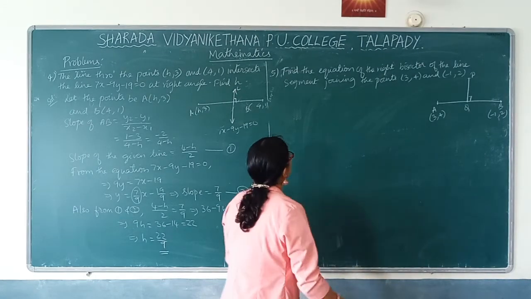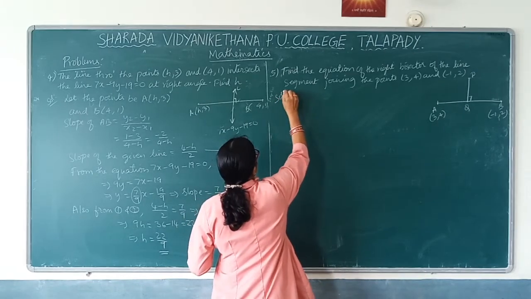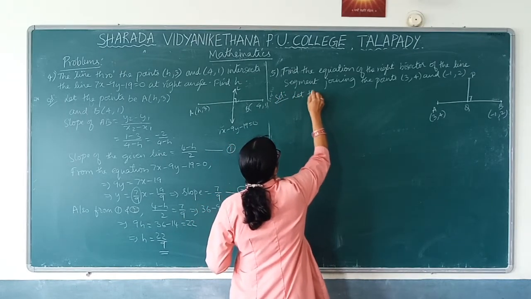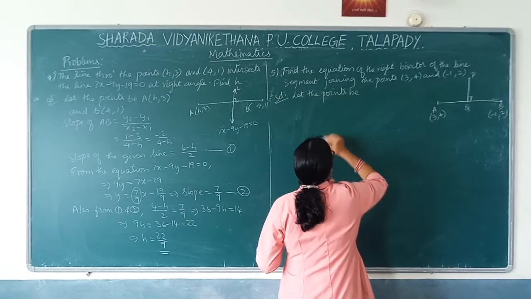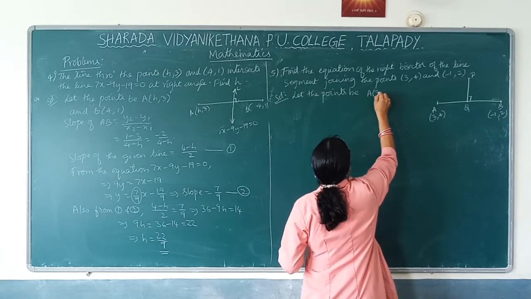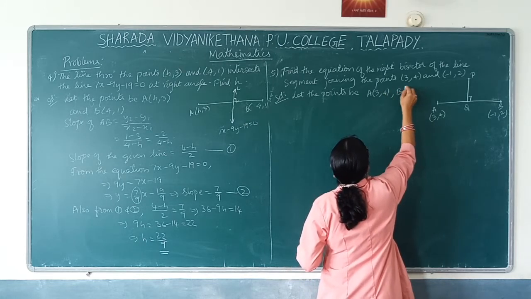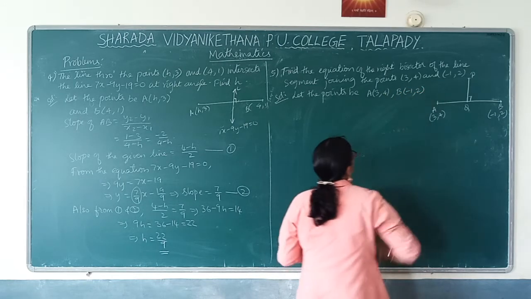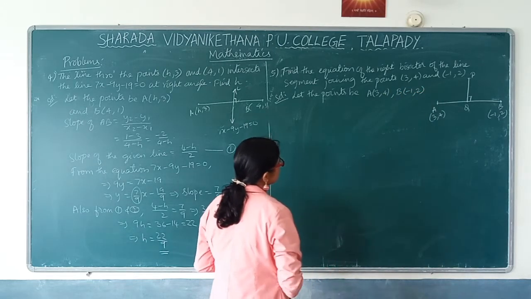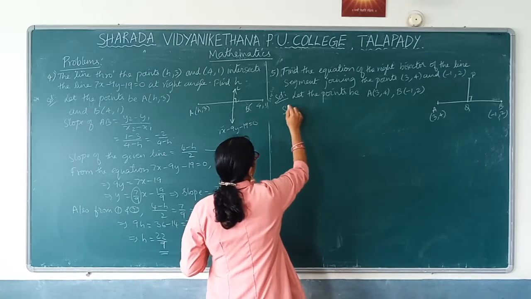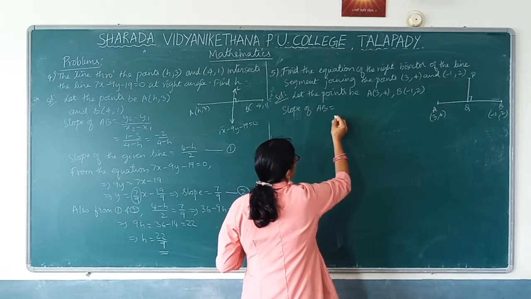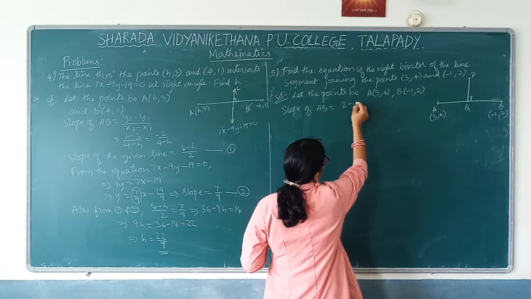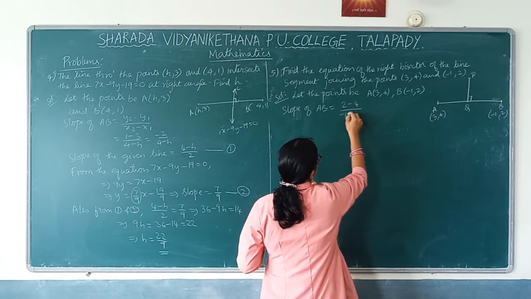So we will start. Solution. Let the points be A of 3, 4 and B of minus 1, 2. Okay, I am taking the 2 points as A and B. Then slope of AB is equal to y2 minus y1 by x2 minus x1, that is 2 minus 4 by minus 1 minus 3.